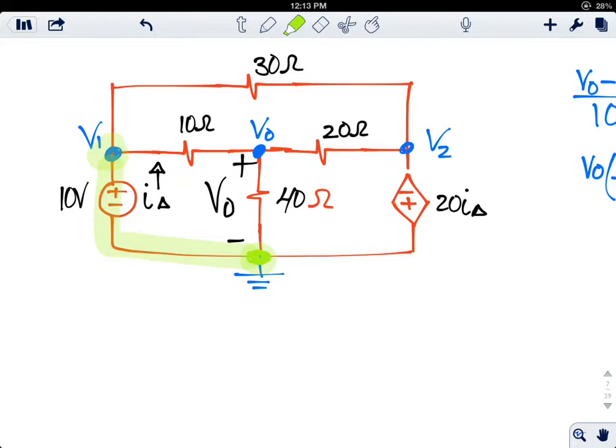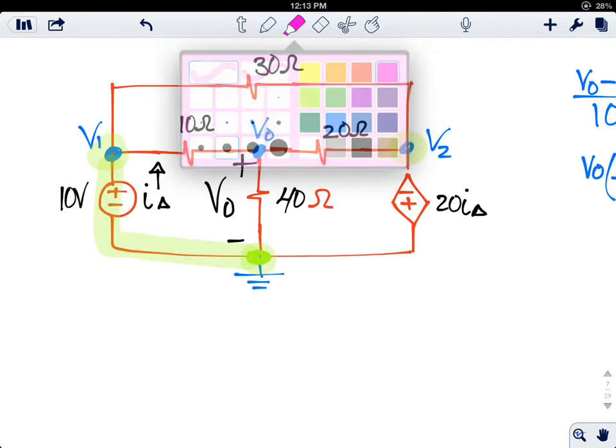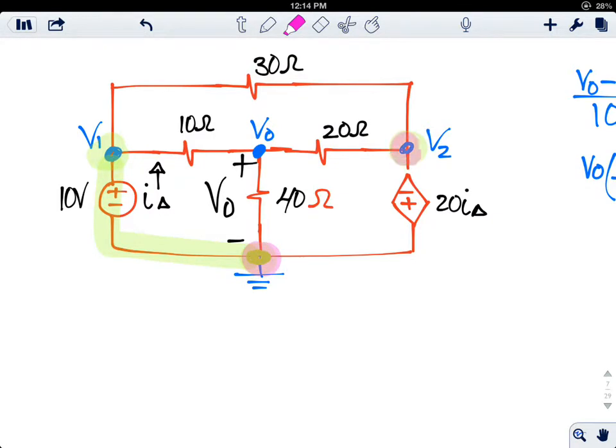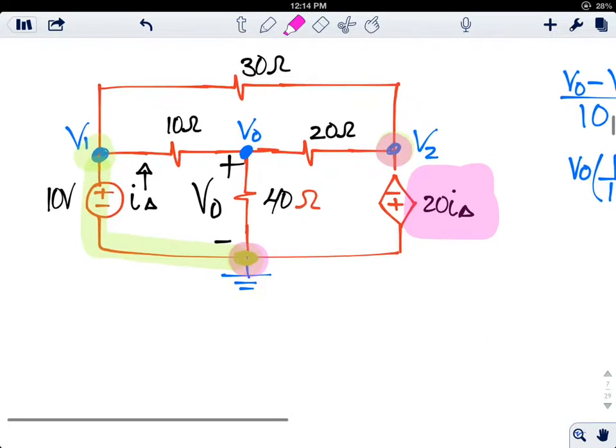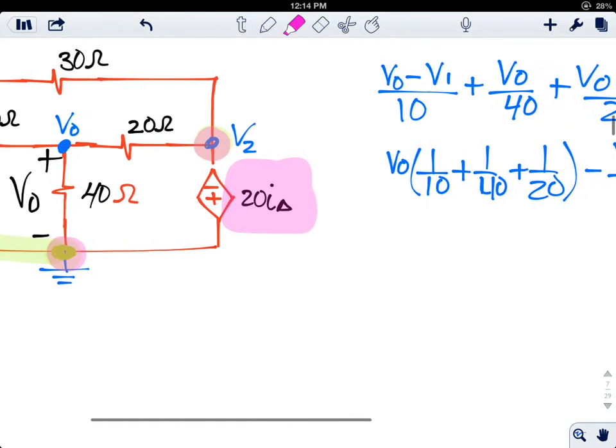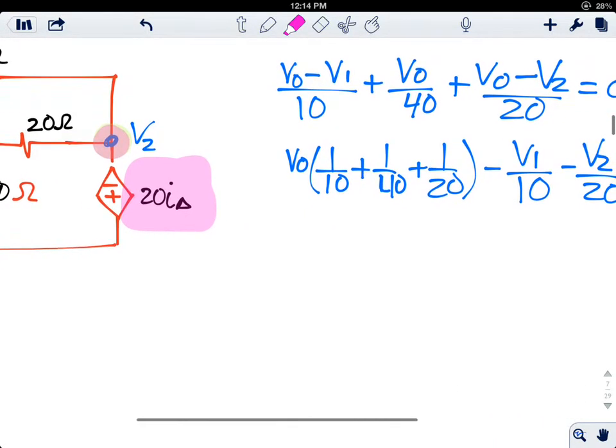So V1 is equal to 10. And the same thing happens here. From this reference, ground, to this node here, V2 equals the value of the dependent voltage source.